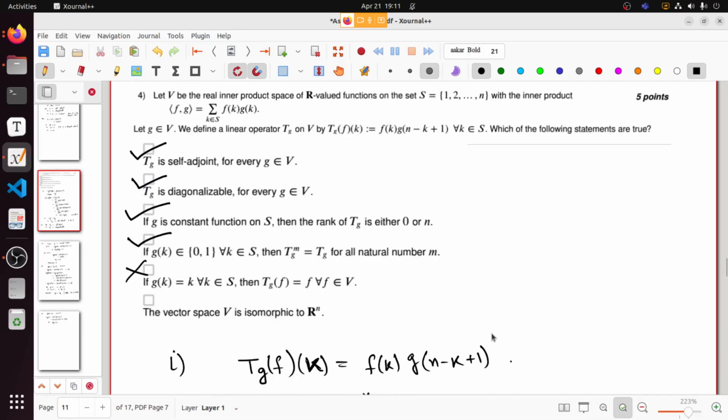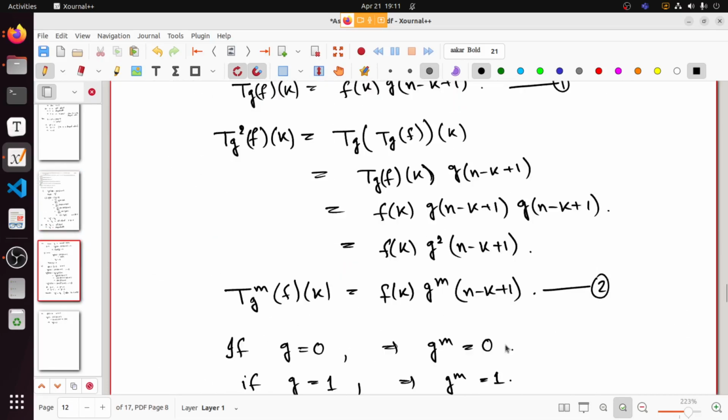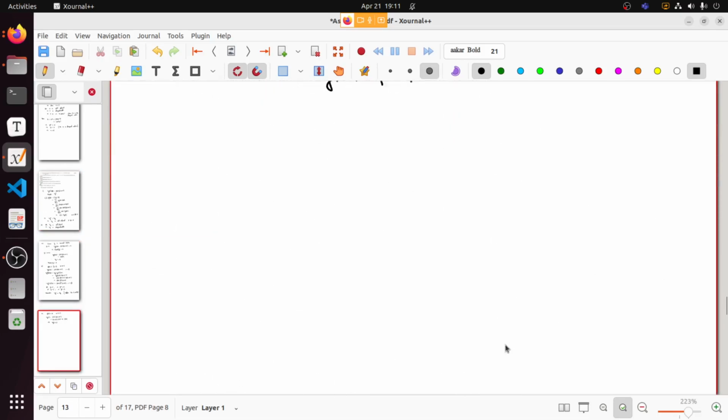Now what is the next option? The vector space B is isomorphic to R^n. So the vector space is given as the set of all functions on S equals 1 to n with this inner product. You have to show that this is isomorphic to R^n. Let's check option number 6.